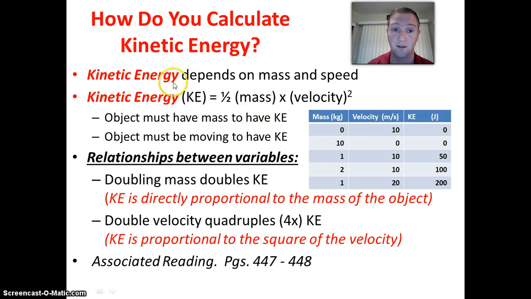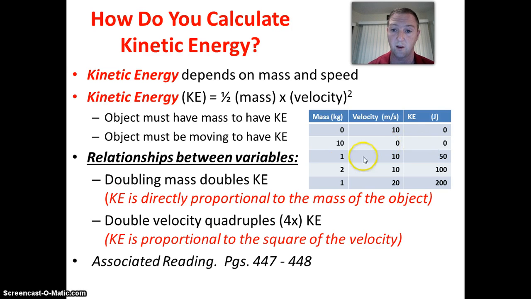Also, that object, in order to have kinetic energy, must have a velocity. It must be moving. All right? So even if an object has mass but it's not moving, 0 meters per second, anything times 0 is 0. So no mass or no velocity means no kinetic energy.